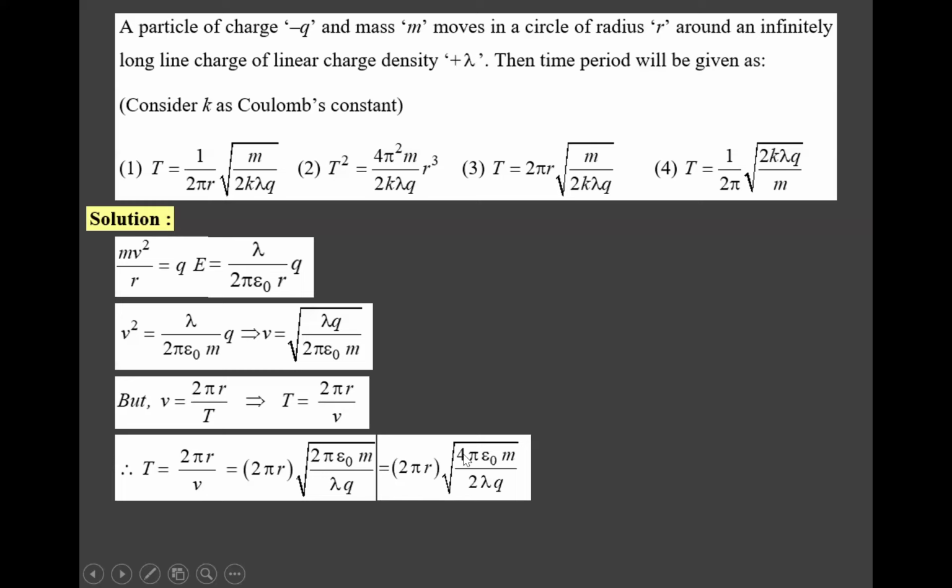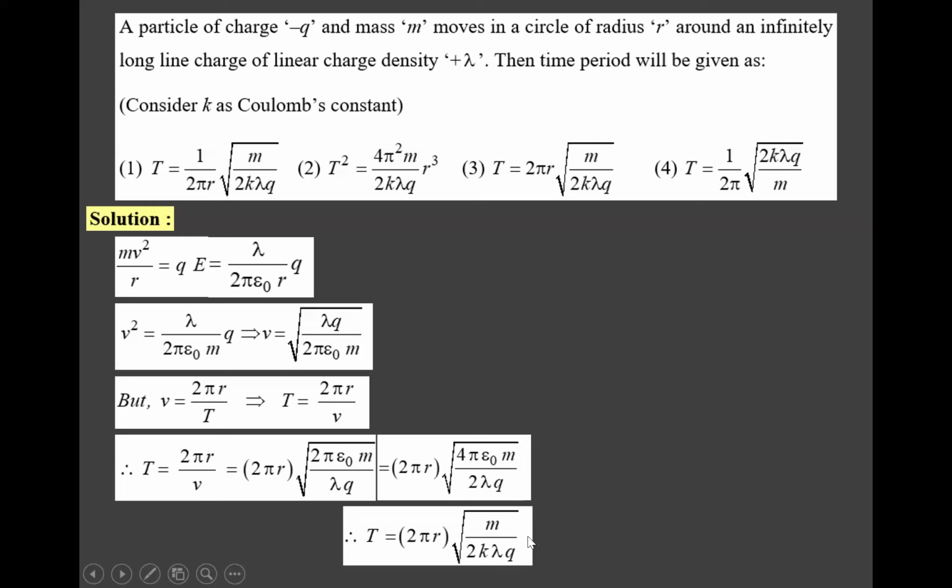So here we can write 4 pi epsilon 0 m upon 2 lambda q. Now this 4 pi epsilon 0 you can replace by 1 upon k. So you can rewrite T equals 2 pi r under root m upon 2k lambda q.